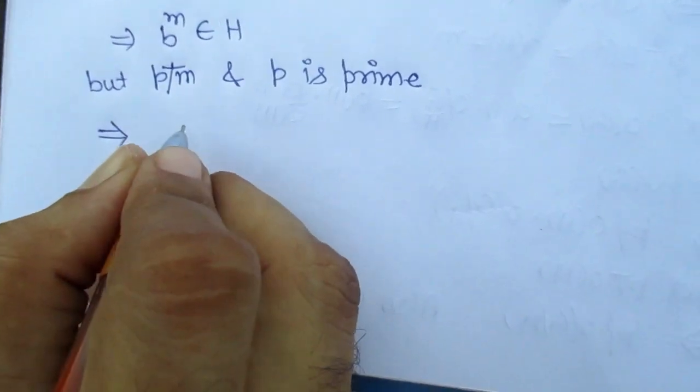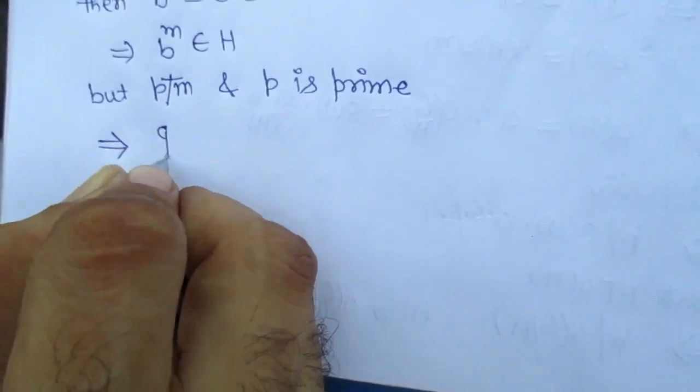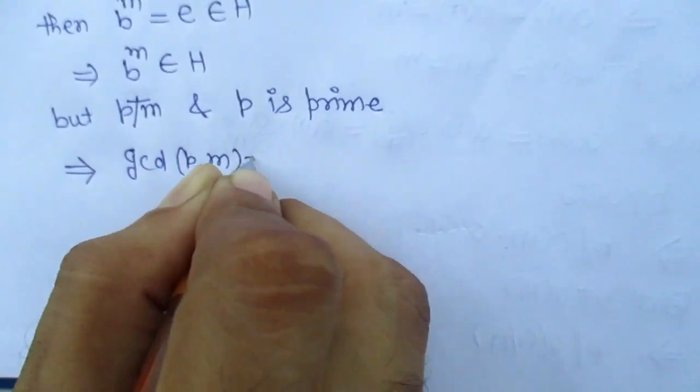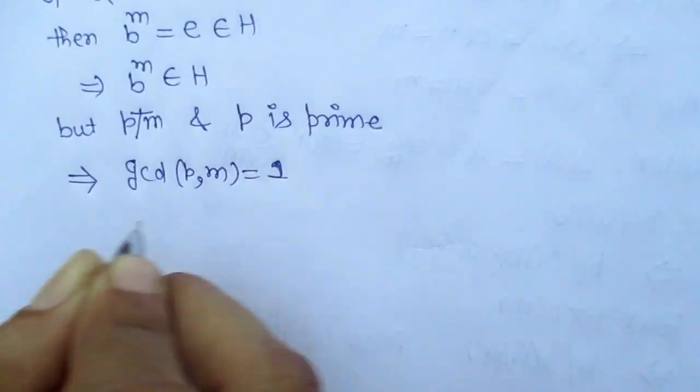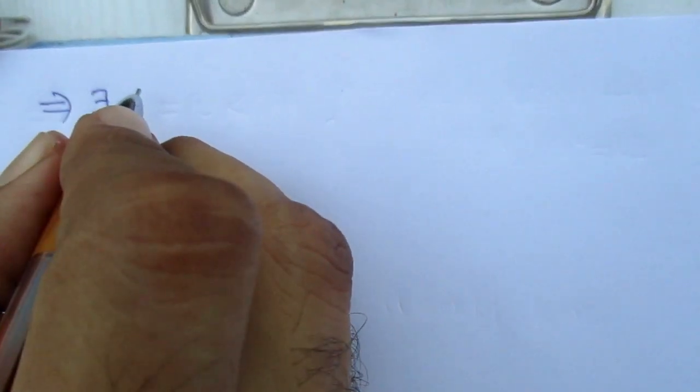It means p और m को-प्राइम हो गए. तो को-प्राइम की डेफिनेशन लगा देते हैं.